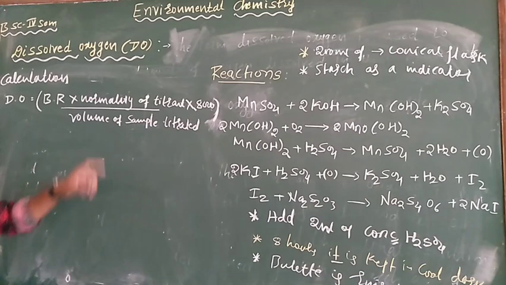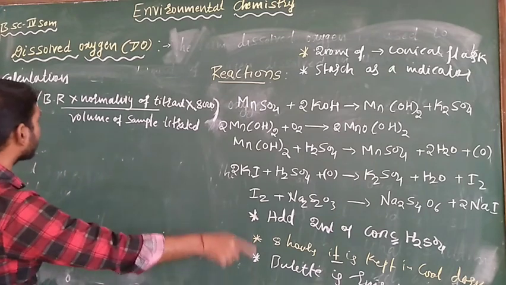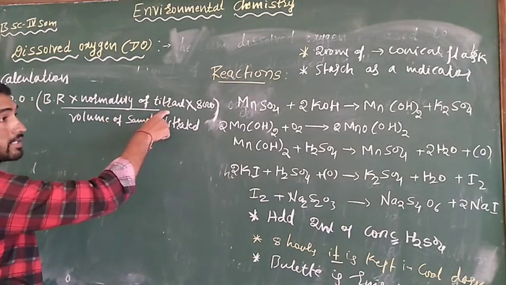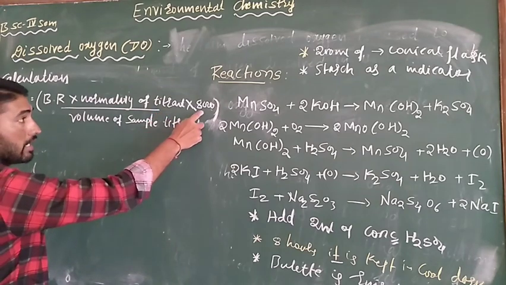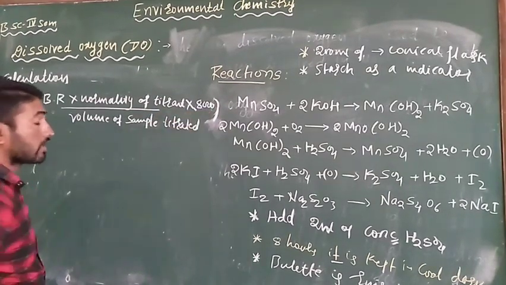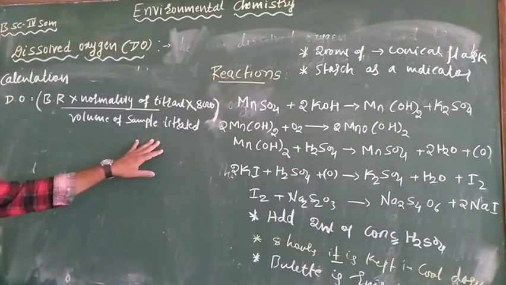Dissolved oxygen equals burette reading, which we have already found, times normality of titrant, that is the standard sodium thiosulfate solution, times 8000, divided by volume of sample titrated.